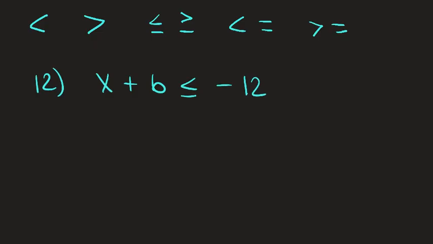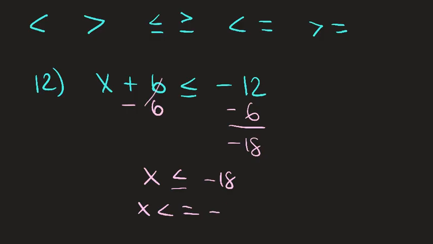When you solve this, it's just like before, minus 6, cross out, what's my answer? But I don't say x equals, I say x is less than or equal to negative 18. So when you typed it in, that's what you should have typed in. X is less than or equal to negative 18. That would be a closed dot going to the left on a number line.